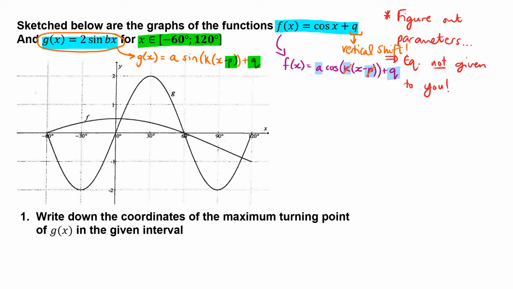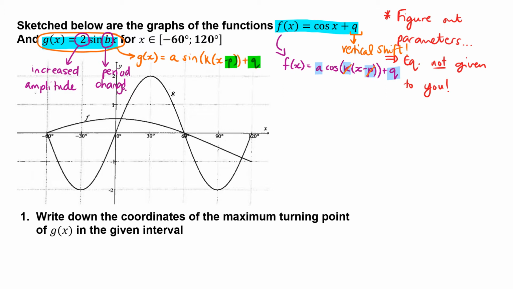All we know is that for the 2 in front, we've basically gone and increased the amplitude. That's what the a stood for. And we've also got a b value in front there, which means that there is a period change. And so those are a few important facts that you can take out from the question immediately.